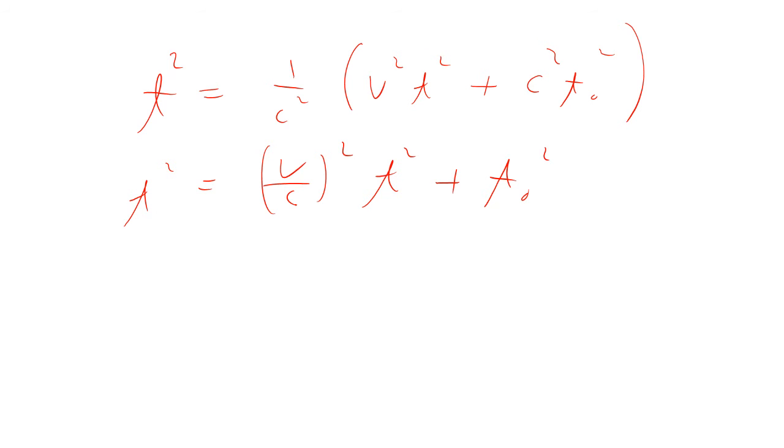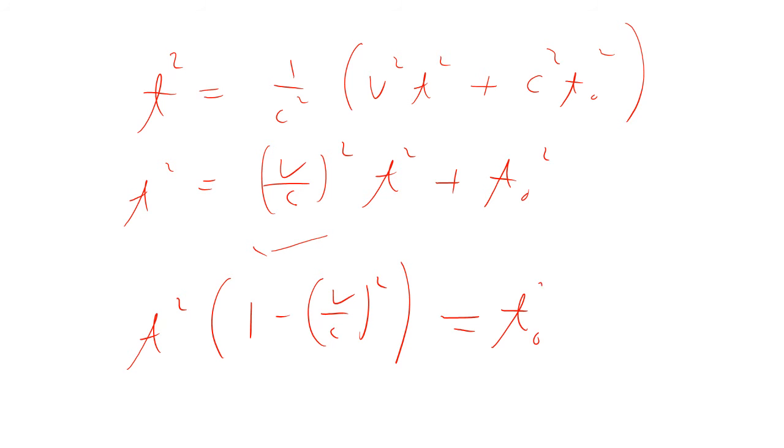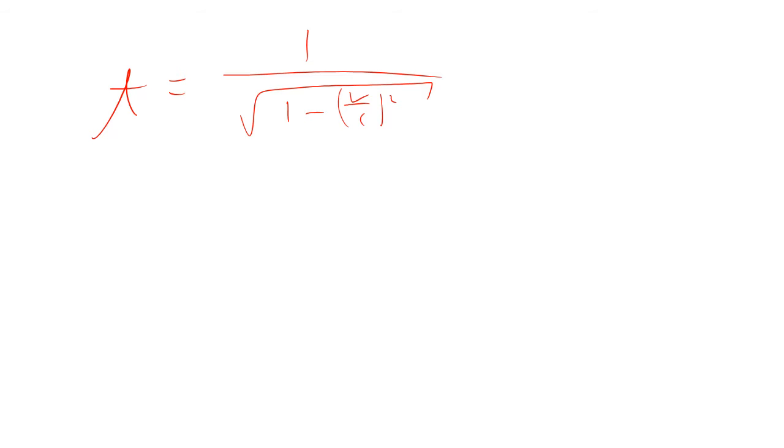Move this to the other side of the equation. So T squared times 1 minus (v over c) squared equals T naught squared. Or T is 1 over the square root of 1 minus (v over c) squared, times T naught.